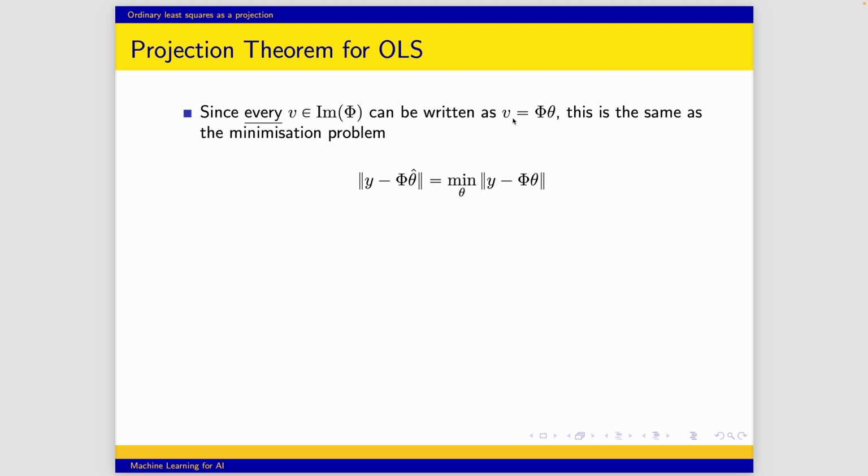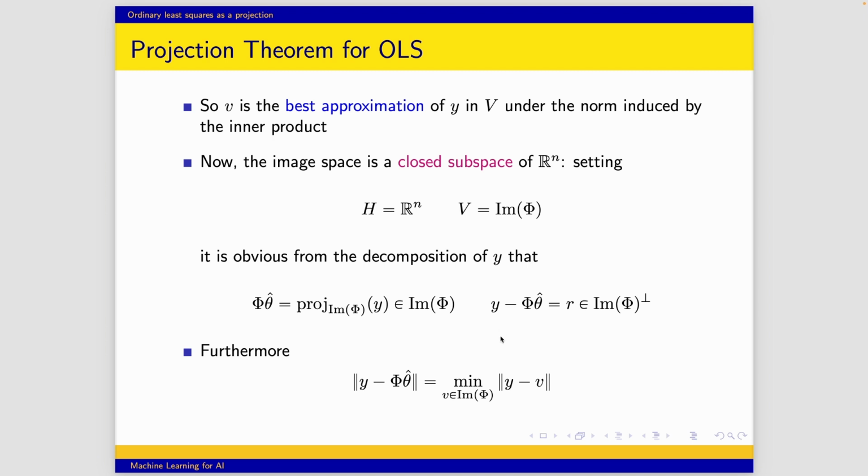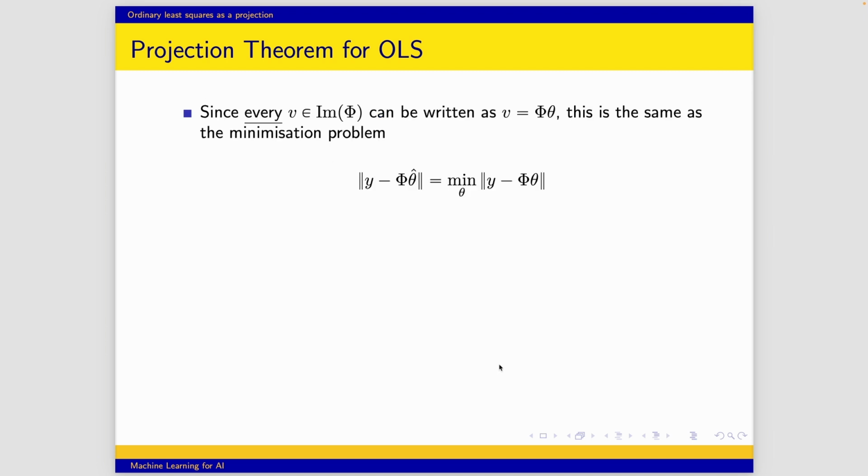So for any V in the image space, there must be some theta such that V equals phi times theta. So equivalently, we can write this problem as the minimum over theta of Y minus phi theta. So the projection theorem tells us that this, with our OLS solution, is the minimum over theta of Y minus phi theta, which is exactly ordinary least squares.